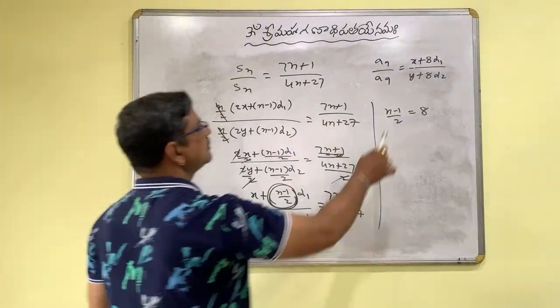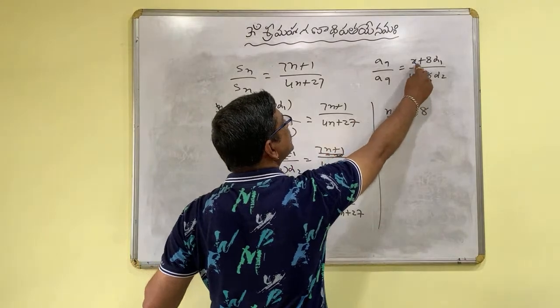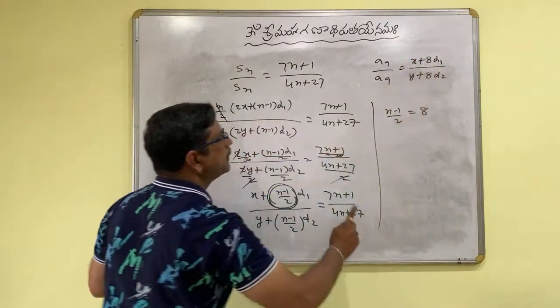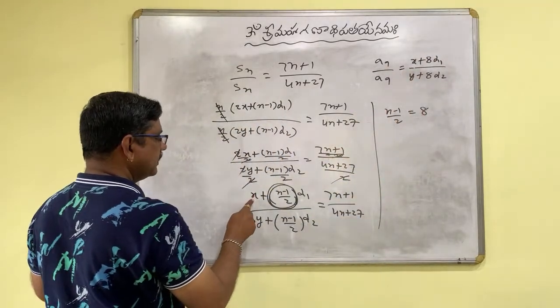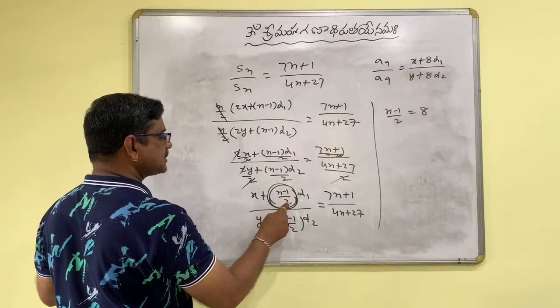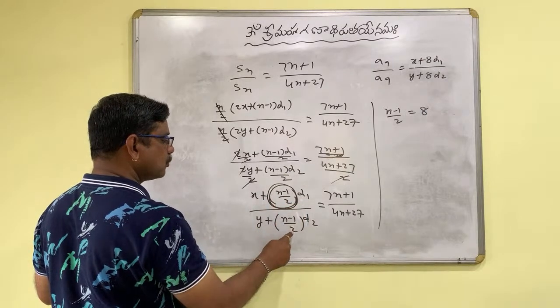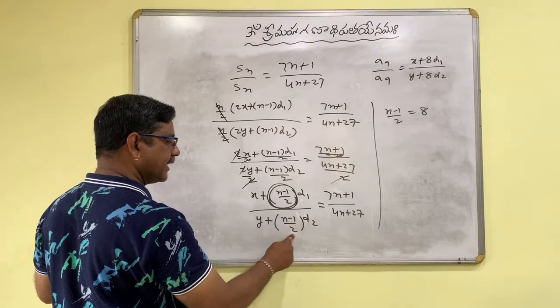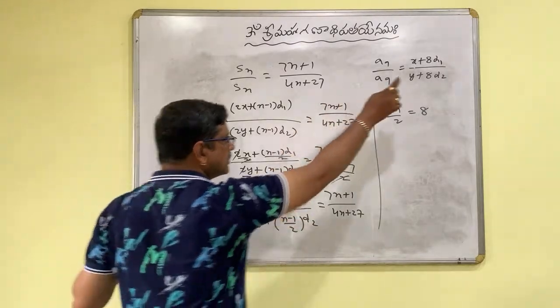We need to find out this (x + 8d1) by (y + 8d2). మనకి ఏమిటి వచ్చింది? (x + (n-1)/2 d1) by (y + (n-1)/2 d2). We got this and we want this.